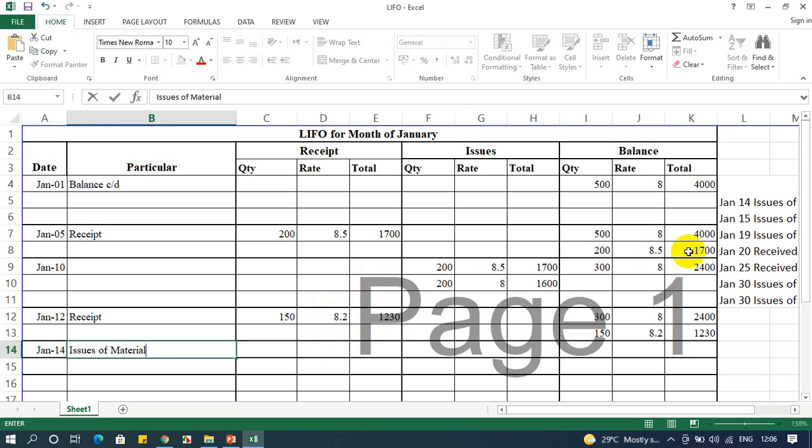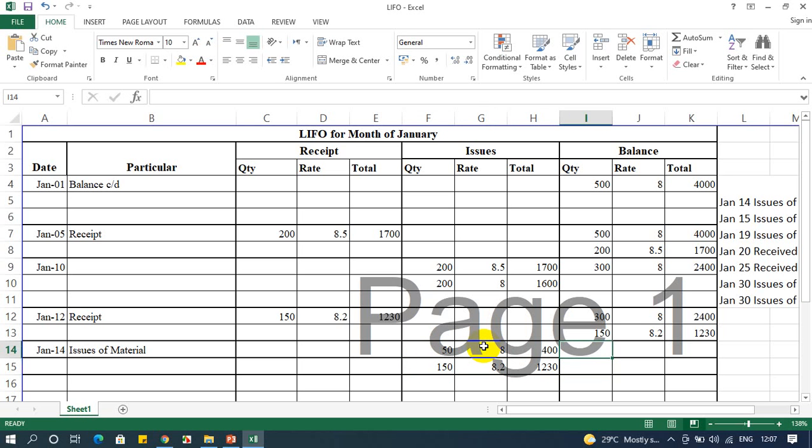So how much are we issuing? 200, but in the last lot how much do we have? 150 units. So we have to issue the first 150 units, and the remaining 50 make up the 200. So 50 from the 300 and 150 from this one. The 50 units at rate 8 become 400, and then this becomes the rate 8.2, and this will be equal to 1230.